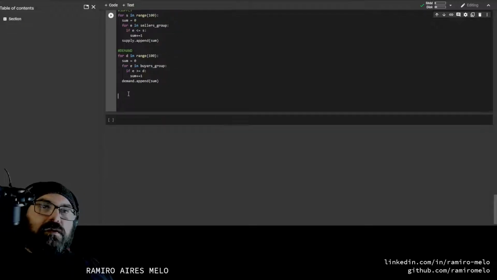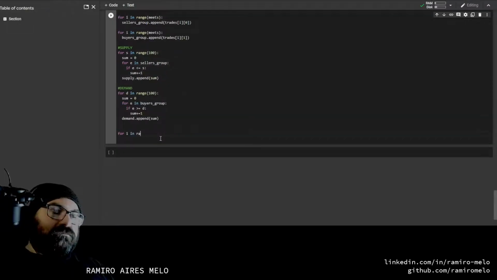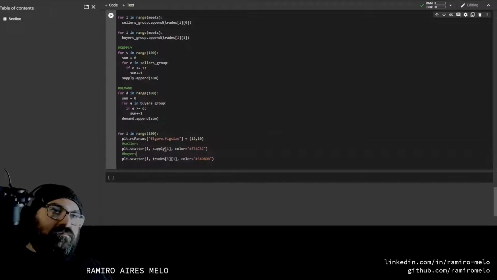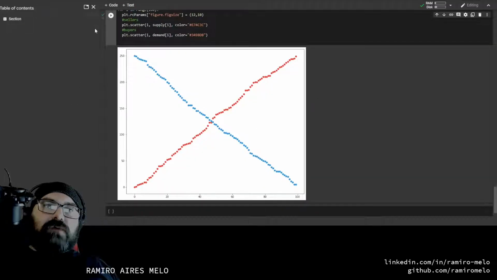All right, now let's print this new chart. So now we have a supply and demand curve using random interactions with random prices, and following two simple rules. The seller wants to sell for the highest prices possible, and the buyer wants to buy for the lowest prices possible, just like in human nature.